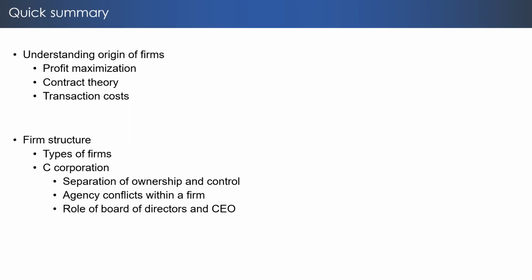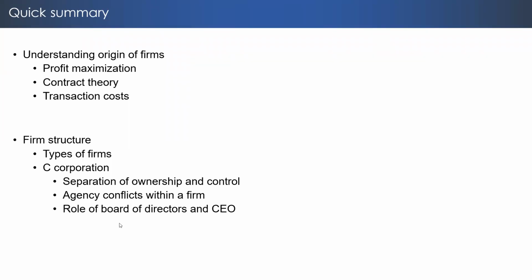The board of directors is supposed to be a representative of shareholders who monitor and discipline the managers, just because, as we said, the manager is likely to not own that much of the company, so his decisions sometimes need to be monitored and disciplined by the board of directors.